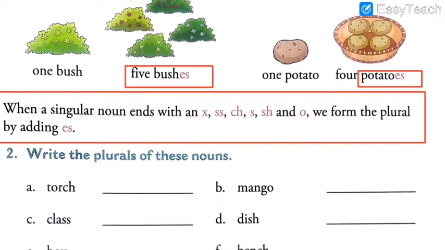So, you have to just remember x, ss, ch, s, sh and o. These six endings you have to remember. And if you find any word ending with any of these endings, you have to add es, not only s.